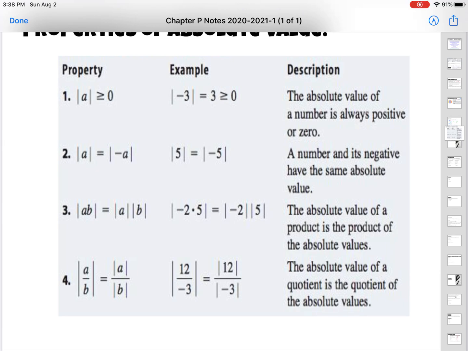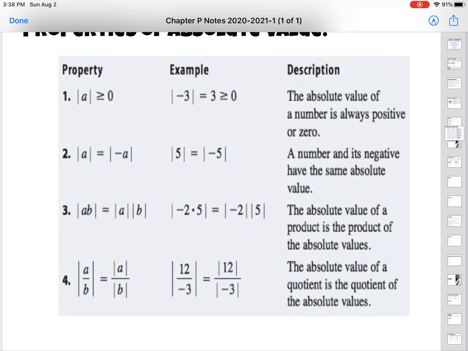When we take the absolute value of a product, we can separate it, just like we could do other separations with, say, radicals. So the absolute value of A times B is the same thing as the absolute value of A times the absolute value of B. And then for number 4, we see division, the same thing. We can pull them apart.